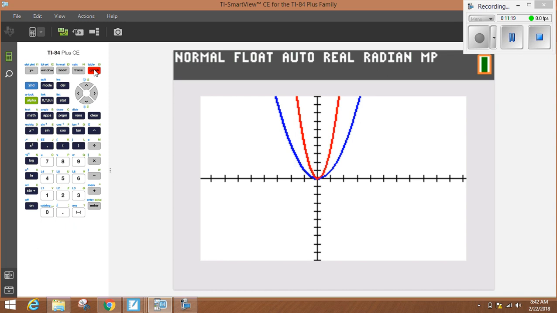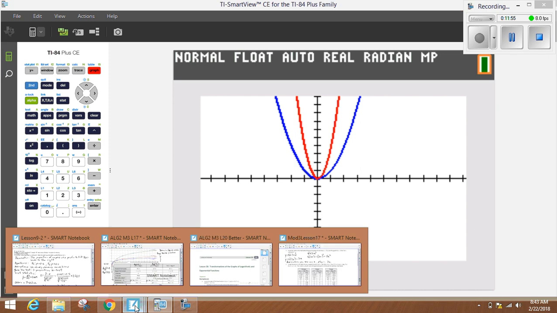If you want to use your geometry terms, you call it horizontal scaling. But the main idea is that the rate of change has increased. This one, the red one, is 4x squared. It's decreasing at a much faster rate and increasing at a much faster rate, depending on which side of your parabola you're looking at.